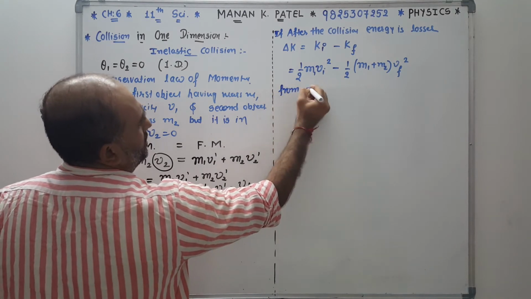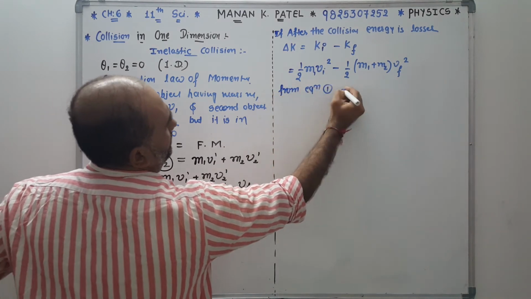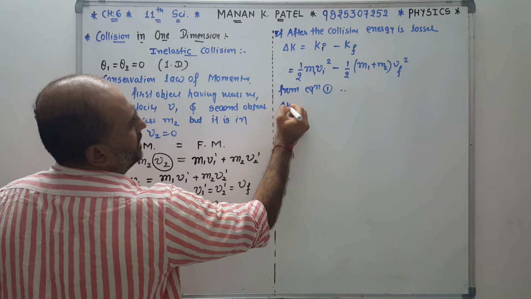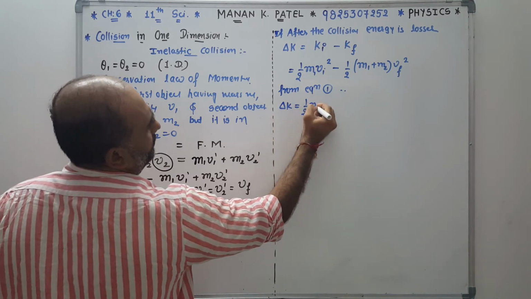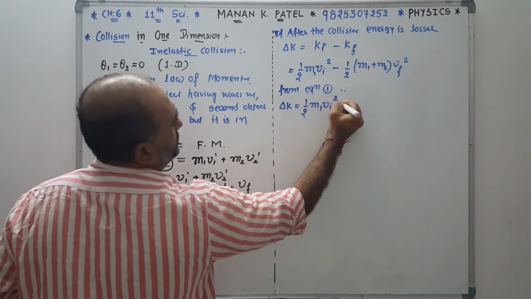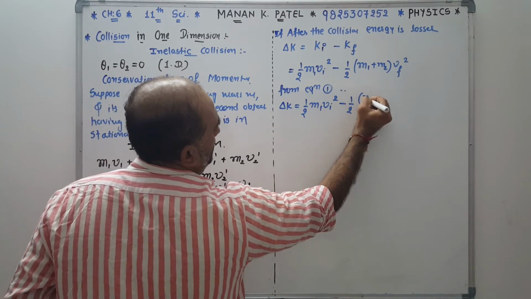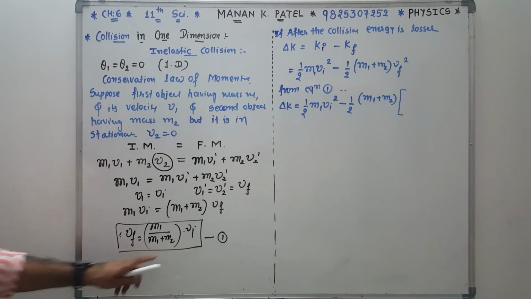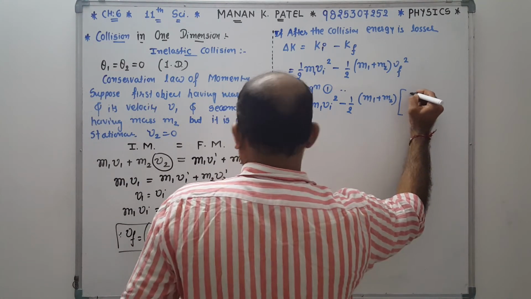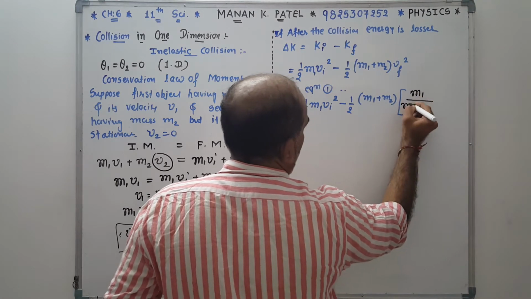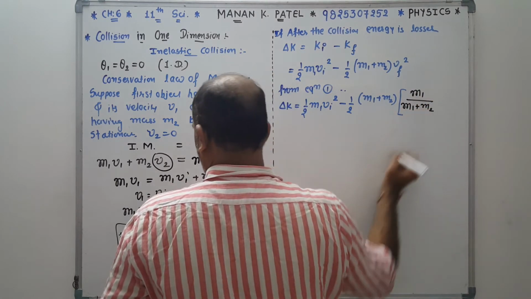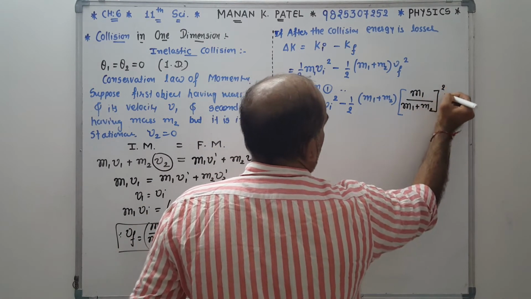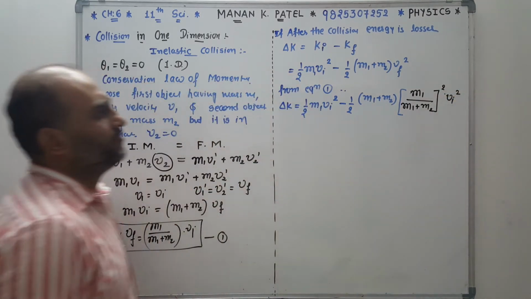From equation number 1, delta K is equal to half m1 v initial square minus half m1 plus m2, in brackets, m1 by m1 plus m2 whole square, and then v initial square.